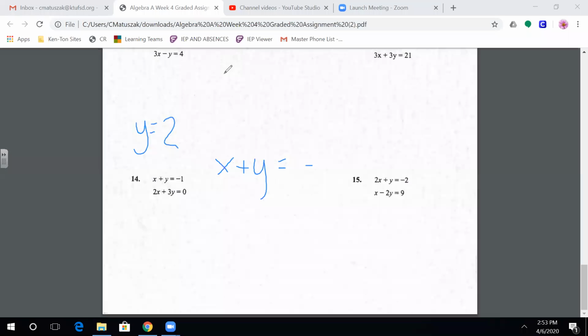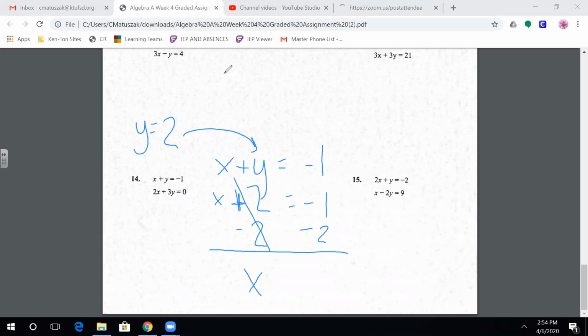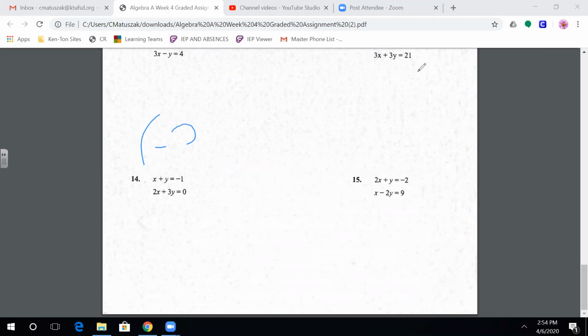I'll just rewrite that, plugging in 2 for y. And you just go through and solve for x. So I subtract 2 from both sides. x equals negative 3. So now I have my solution set of negative 3, 2.